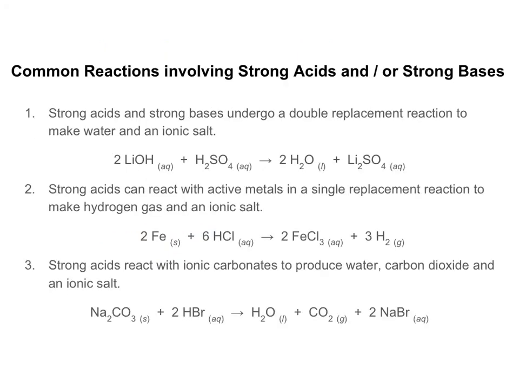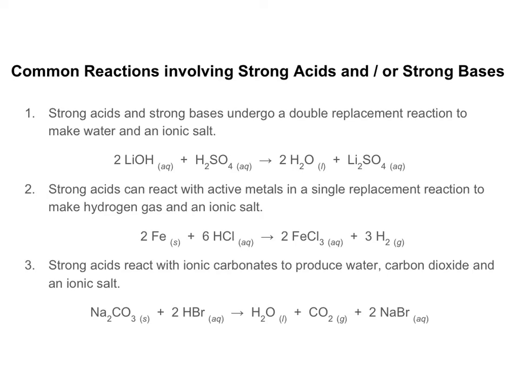So we'll get to those types of calculations in a second, but you should be aware of the three common reactions that involve strong acids and or strong bases. The scope of this class will not spend a lot of time talking about the neutralization reactions of weak acids and strong bases, or weak bases and strong acids, but you should be aware that they exist.